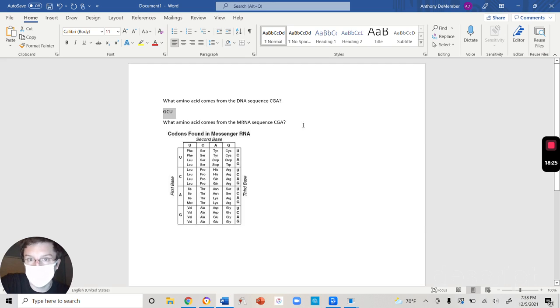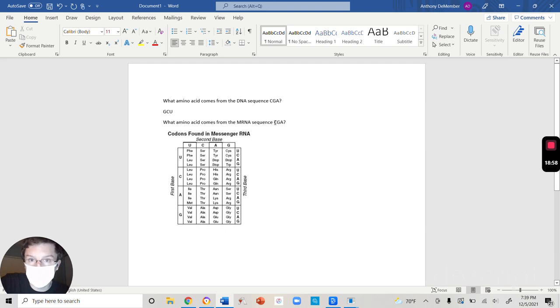Now in this one, we already have our mRNA sequence, so we don't need to transcribe it. We don't need to find the matching letters because this is already messenger RNA. DNA just gives those directions to make the appropriate messenger RNA sequence. mRNA is what we use to actually generate the codon for that specific amino acid.